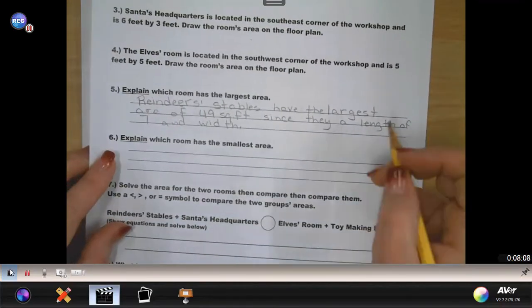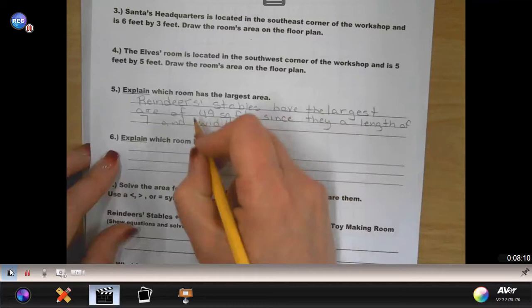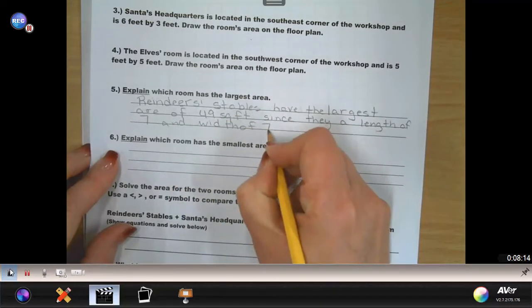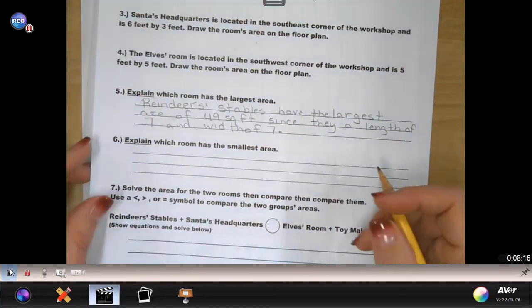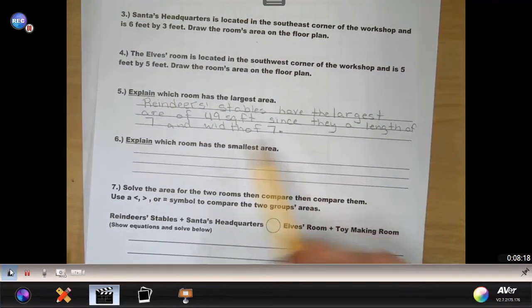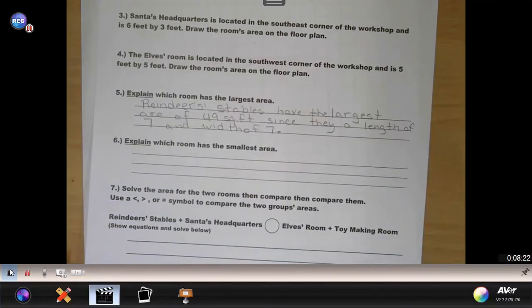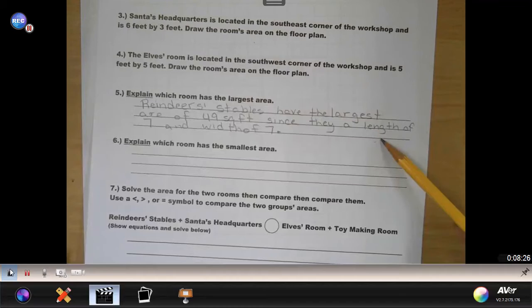So since it has the length of 7 and a width of 7, we know that since both the length and the width are the longest out of all the rooms, this is going to have the most square feet.